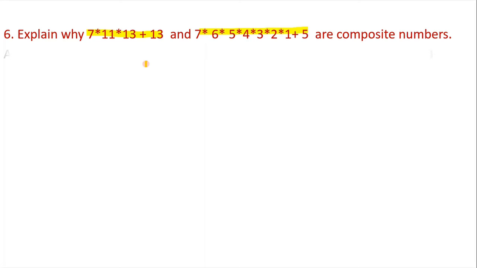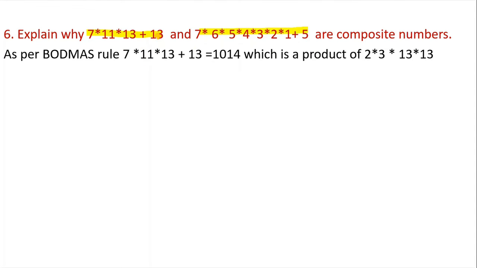For 7 into 11 into 13 plus 13, the total is 1014, which is a product of 2 into 3 into 13 into 13. This shows it is a product of prime factors 2, 3 and 13.